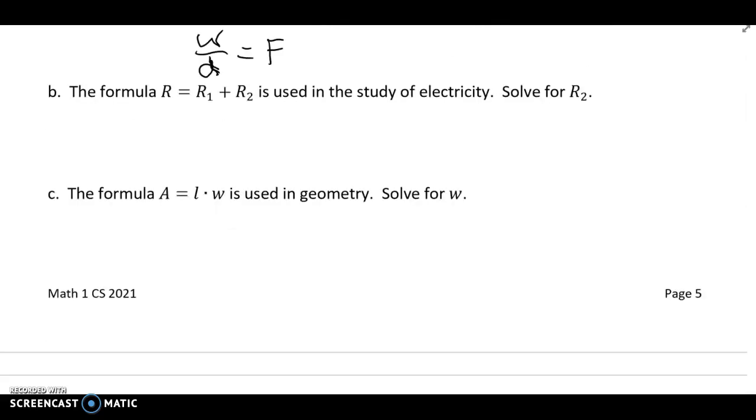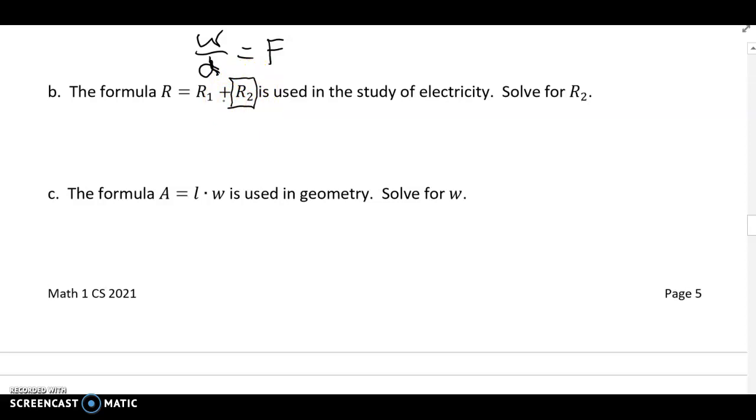Part B, we have this formula of R equals R sub 1 plus R sub 2. And we need to solve for R sub 2. So that means we want to get R sub 2 by itself. What I like to do sometimes is box in the variable that I want to isolate.